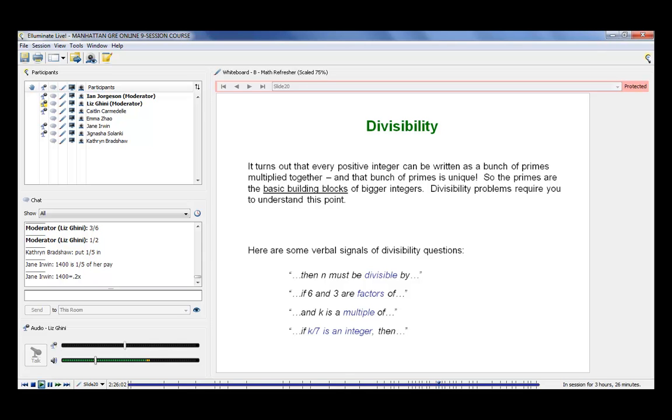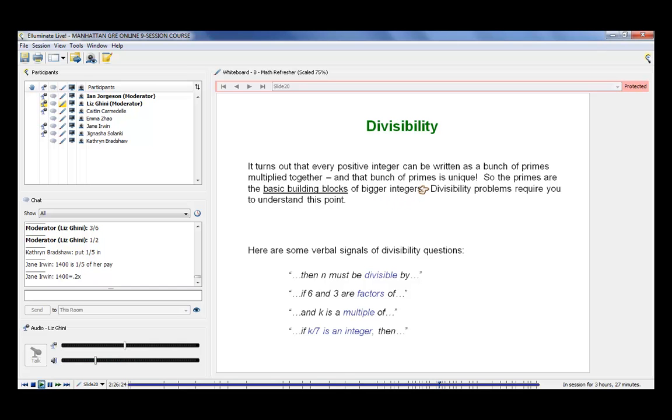All right. So now fractions are also connected to this whole thing of divisibility. When we cancel fractions, we can always cancel primes, okay? And the reason we can do that, and if there are no shared primes we can't cancel, is that primes are the basic building blocks of bigger integers.